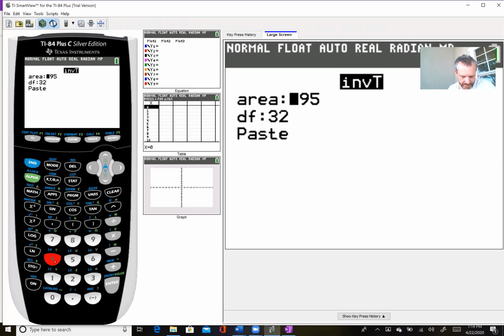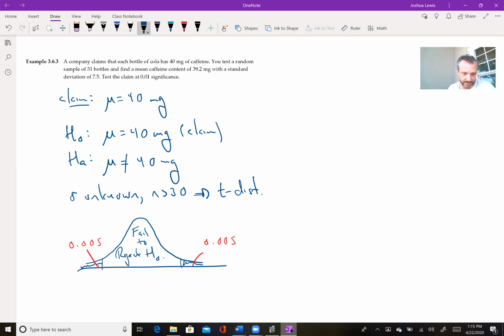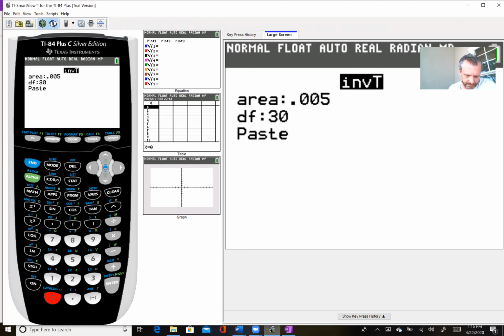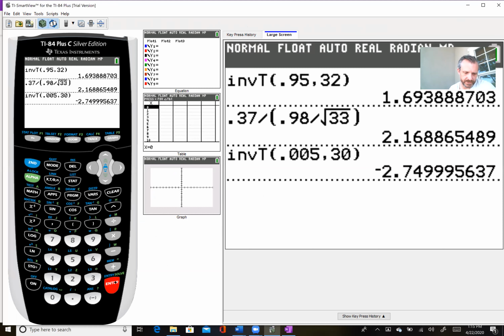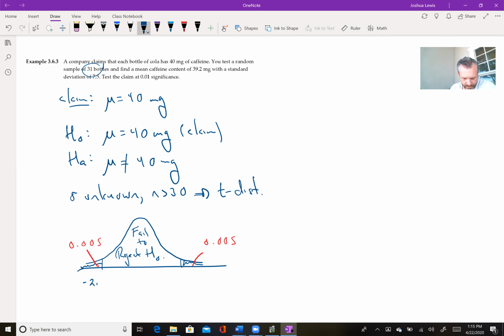That area, I'm going to get the negative one, is 0.005. My degrees of freedom, 30, right? Because my sample size was 31. And then we paste. So negative 2.75, and over here, positive 2.75.